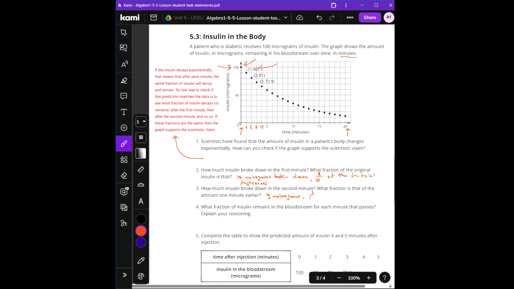And again, this is 1/10 of the amount a minute earlier.